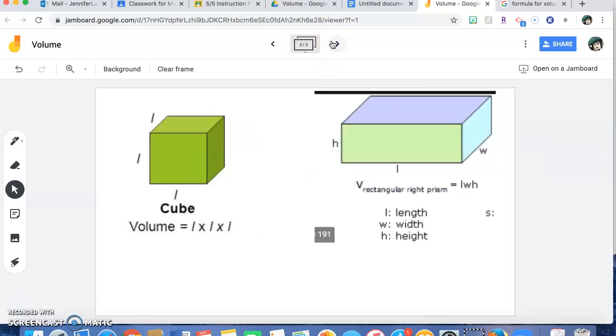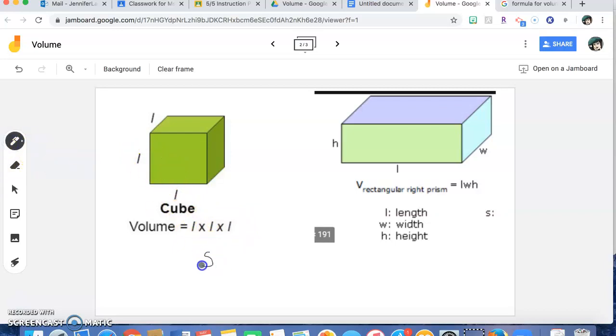So we talked about volume. To find the volume, we found the area of the base, and then we multiplied it by the height of the prism. So we could also use some formulas as well. For a cube, because you have all equal sides, I can do length times length times length, because you know that they're all going to be the same.